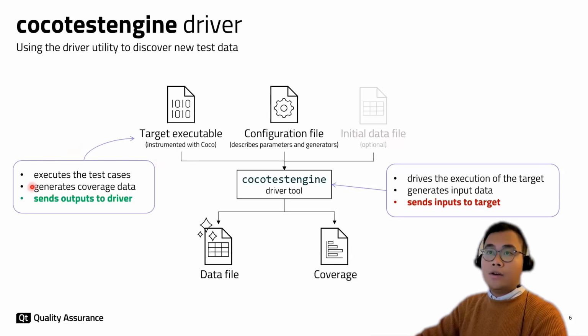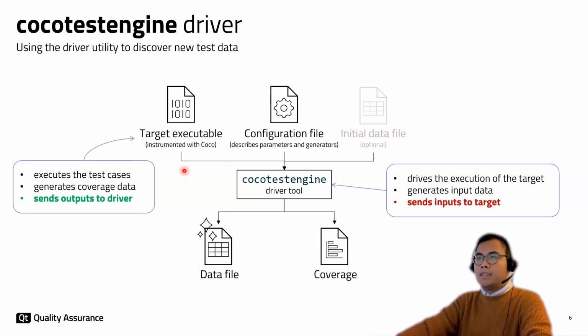The target, on the other hand, executes the test cases and generates the coverage data. After doing this, it sends the outputs back to the driver. So the target and the driver have some sort of inter-process communication, since the target is an entirely separate executable and a separate process that the driver handles.